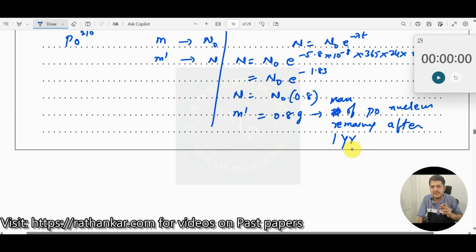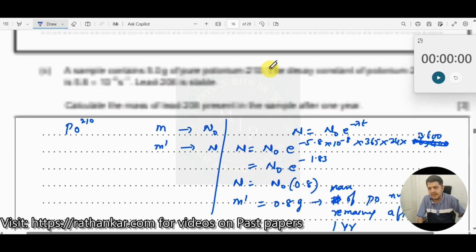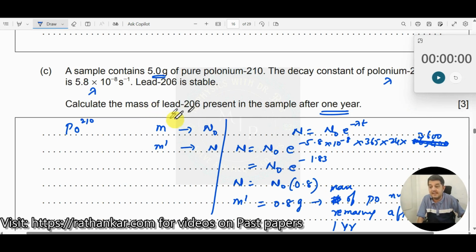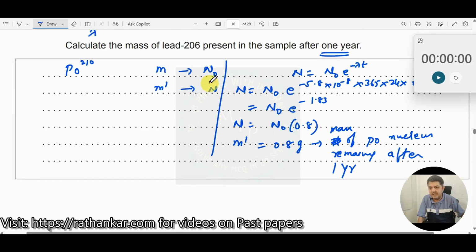Now, how much has decayed? How much lead has been formed? What is the question here? Calculate the mass of lead. I don't want how much has been converted, I want to see how much lead is present. Initially at t equal to 0, there was no lead. But as time proceeded, lead started accumulating while the polonium started decreasing.